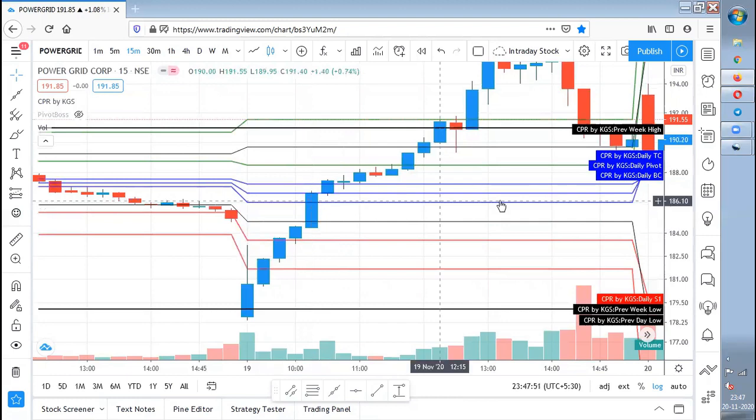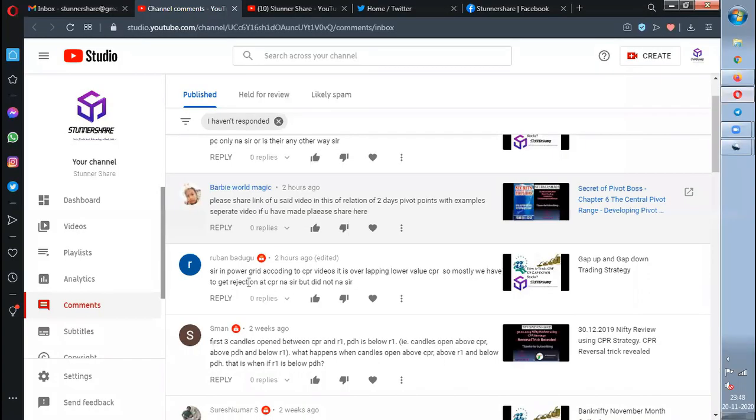So be very cautious at the CPR zone. After facing rejection here, wait for a follow-up candle and ensure there is a close below the CPR zone, then go for a shorting opportunity. Clear? I hope I have explained the content for Power Grid, Ruben.